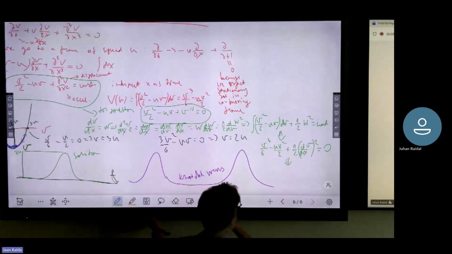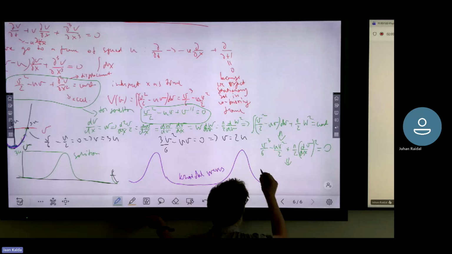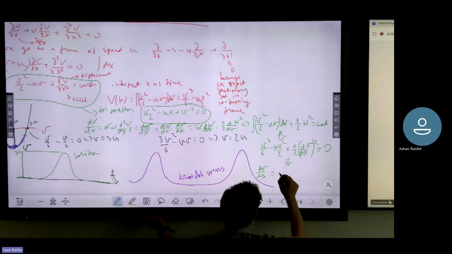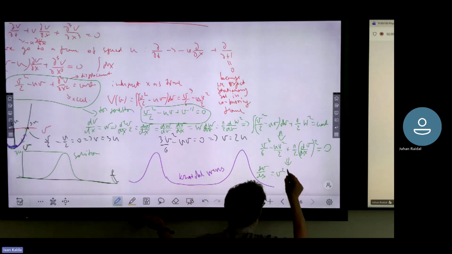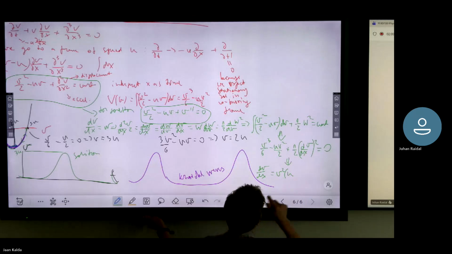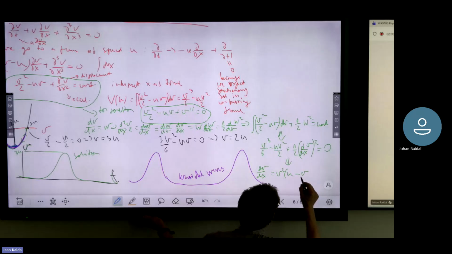Okay. dv over dx equals v cubed over 3 minus uv squared, v squared u minus v over 3.